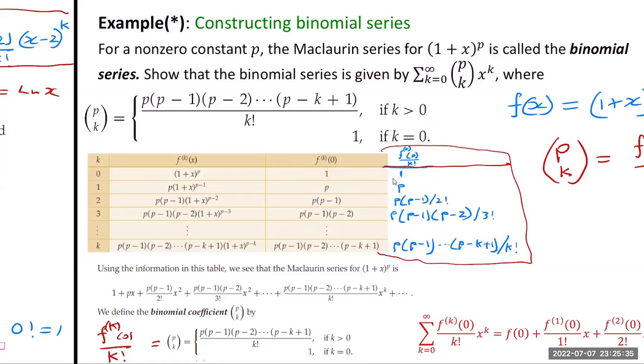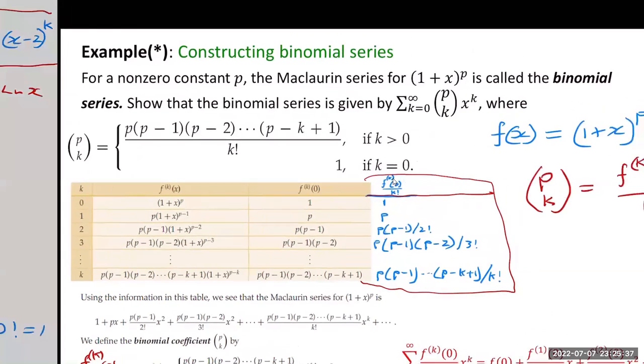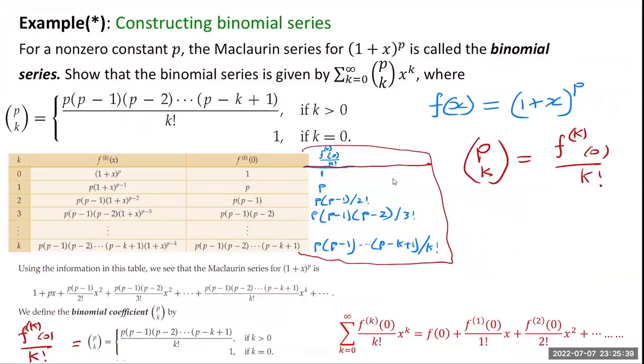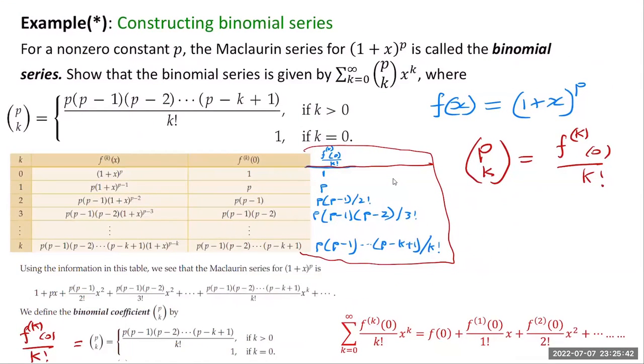All right, so that completes that part. And this is a very important example, because we can use this idea to find the expansion for a function of this form for any given p. The next example is about that actually. Let's go ahead and look at that example.